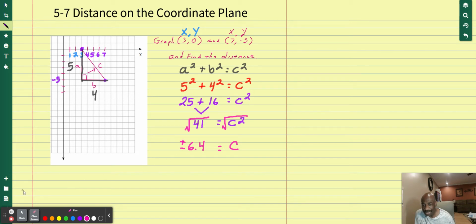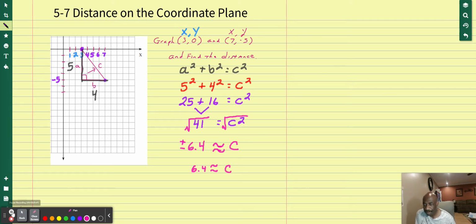By the way, this is approximately. So let me change my symbol over here to approximately 6.4. Now, understand that since we're dealing with distance, we have to rewrite this to be a positive 6.4 only, and it's still approximately. We round it to the 10th place. It cannot be negative. Distance cannot be negative.